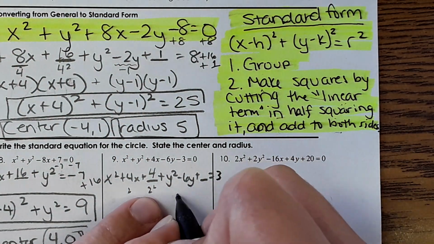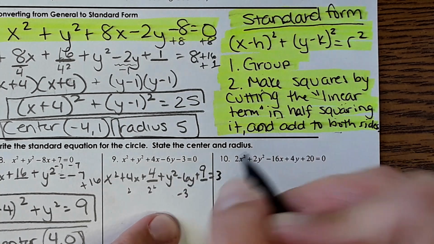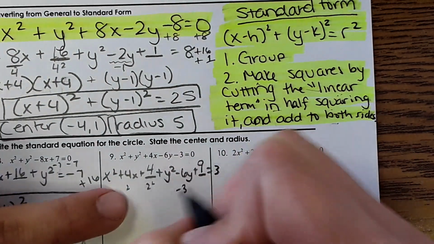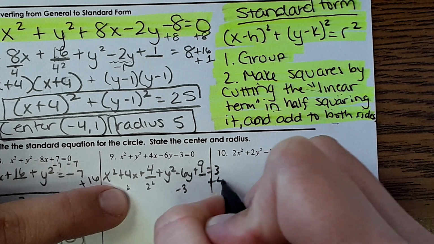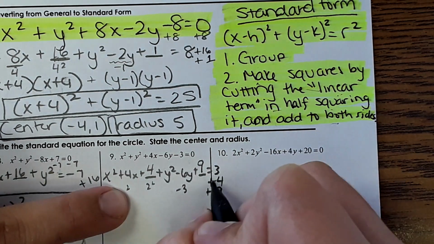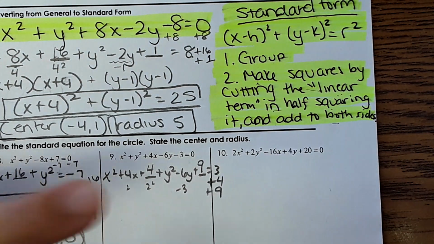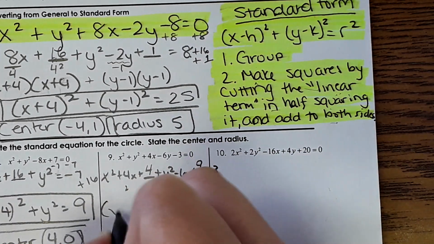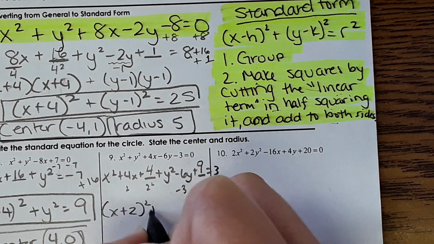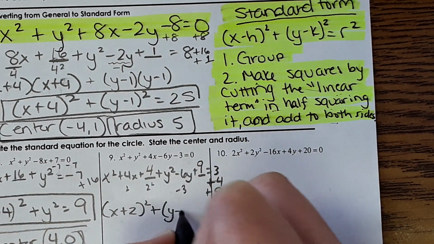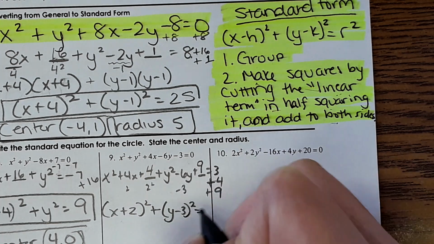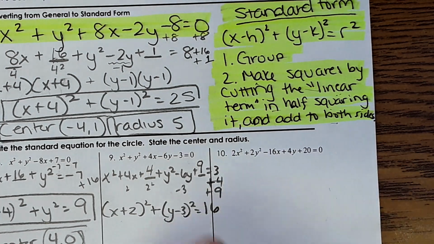And then here, divide this by 2, and then square it, we get 9. So we add 4, add 9. Then we get x plus 2 squared plus y minus 3 squared equals 16.